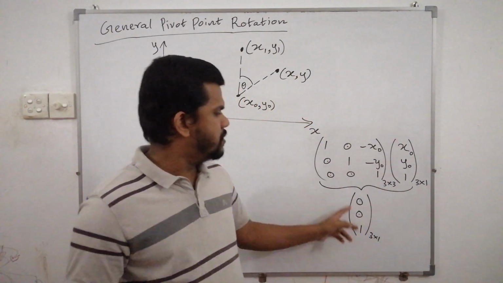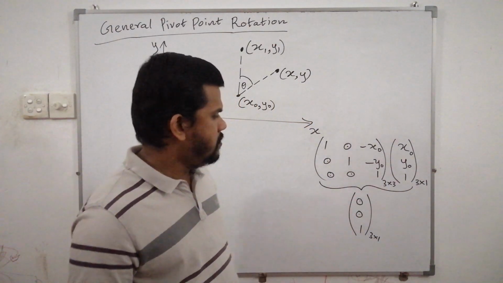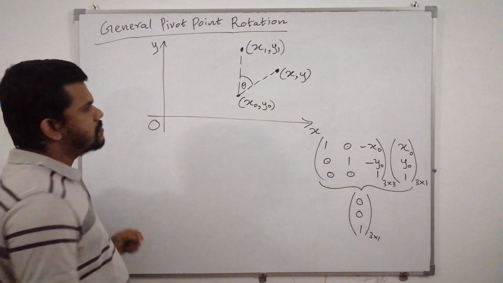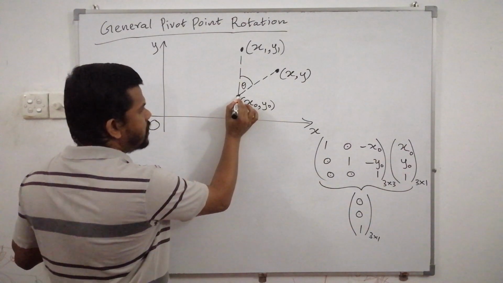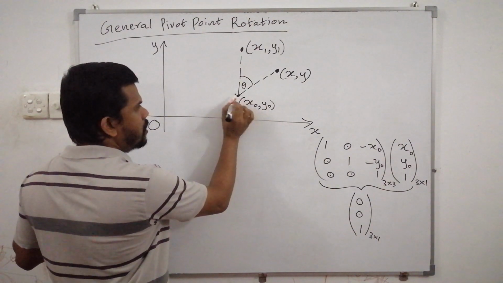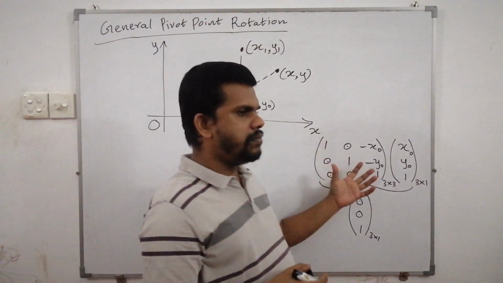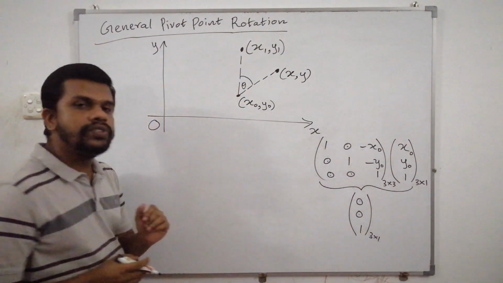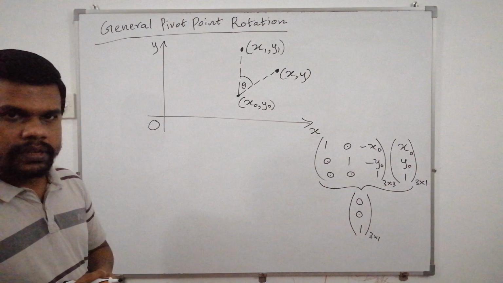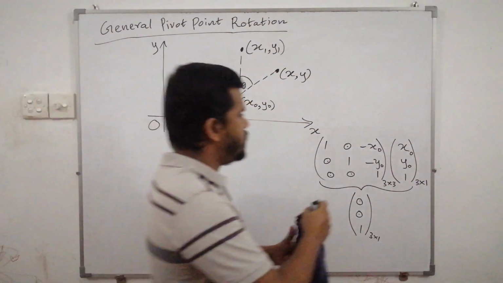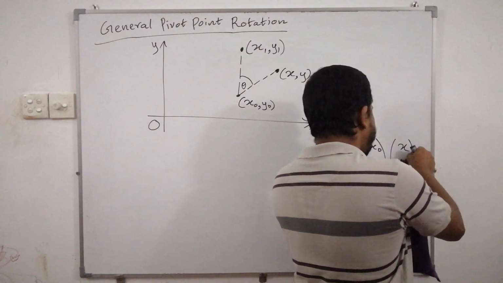This matrix represents the origin. That means if we apply this transformation to this point, it comes to the origin. That's the idea.